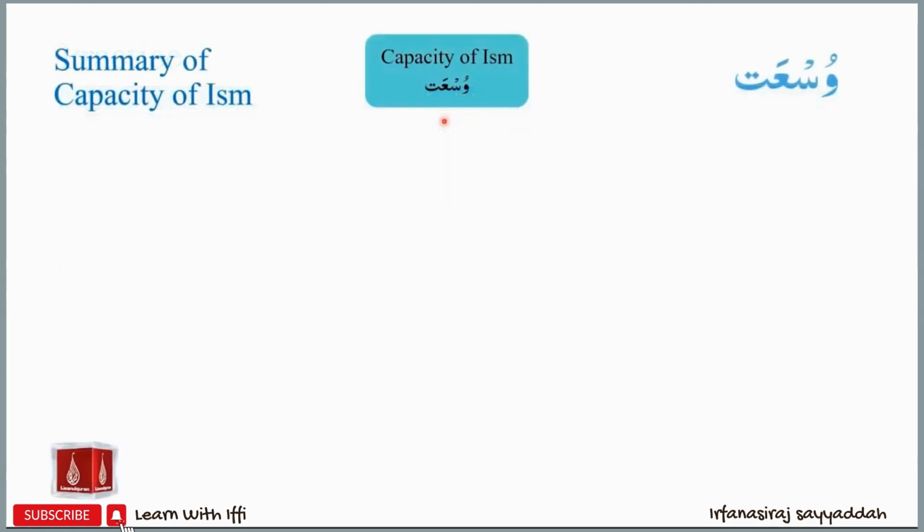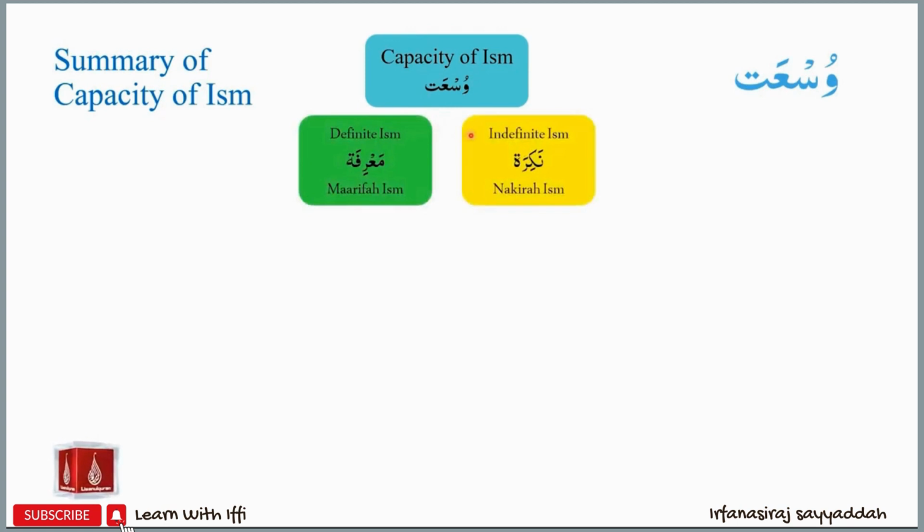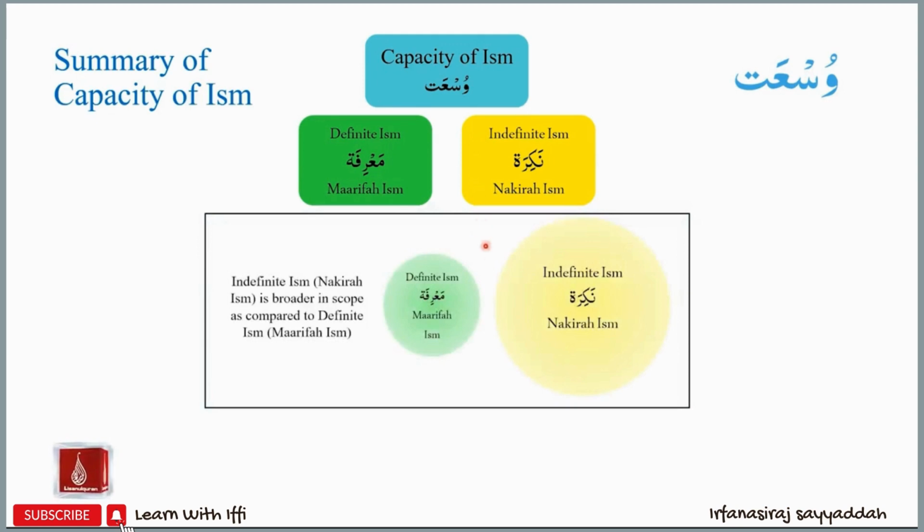To summarize, from the standpoint of capacity of ism or wusat of ism, an ism can either be a definite ism or an indefinite ism. Definite ism is called marfa ism. Indefinite ism is called nakrah ism. Indefinite asma are much broader in scope as compared to definite asma. So when we are studying capacity of ism or wusat of ism, our focus will be on the study of definite asma or marfa asma.